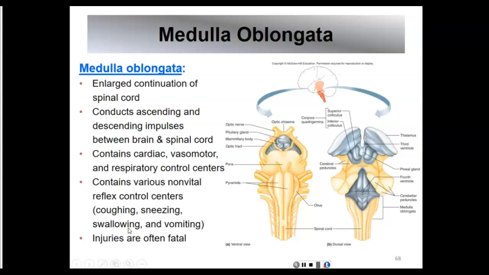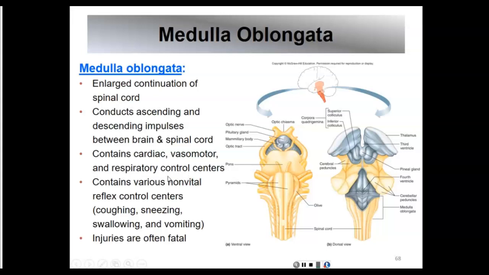And then the medulla oblongata is the larger enlarged bottom portion down here. It is our cardiac, vasomotor, and respiratory control center. This is vital, so if this is damaged, you will not live.